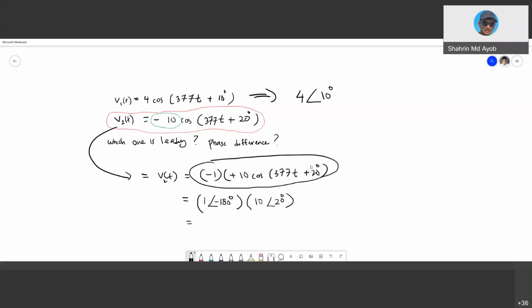So the phasor is at negative 180 plus 20, so negative 160 degrees. So which one is leading? From here it is quite difficult. You need to imagine, or for simplicity.